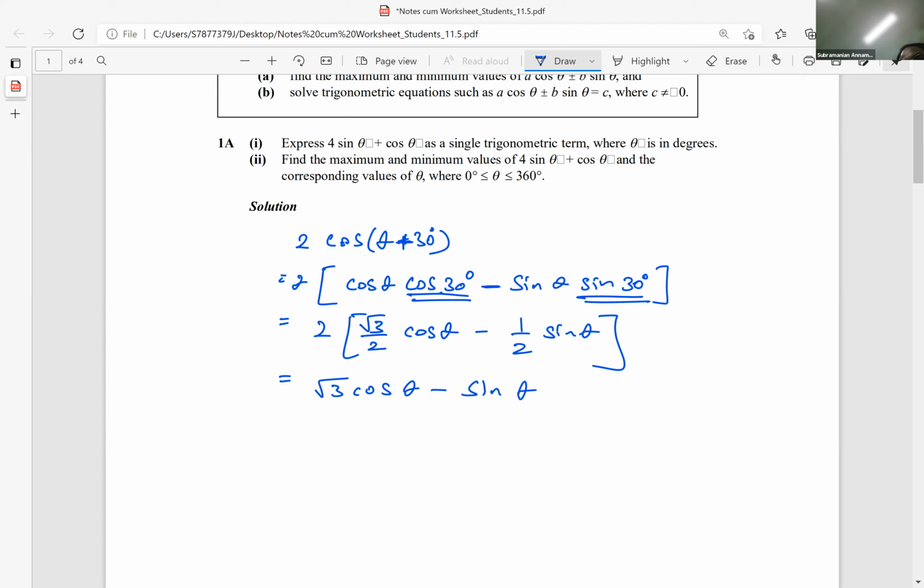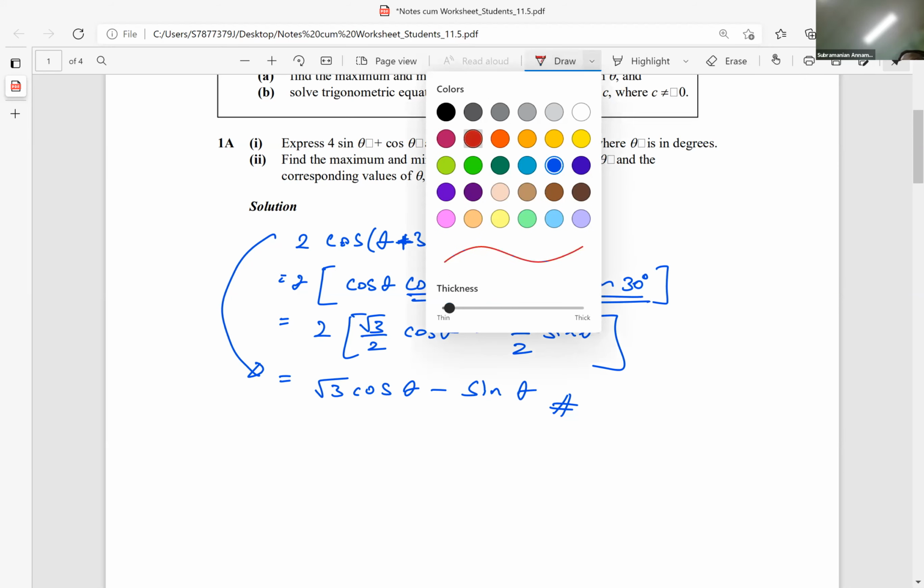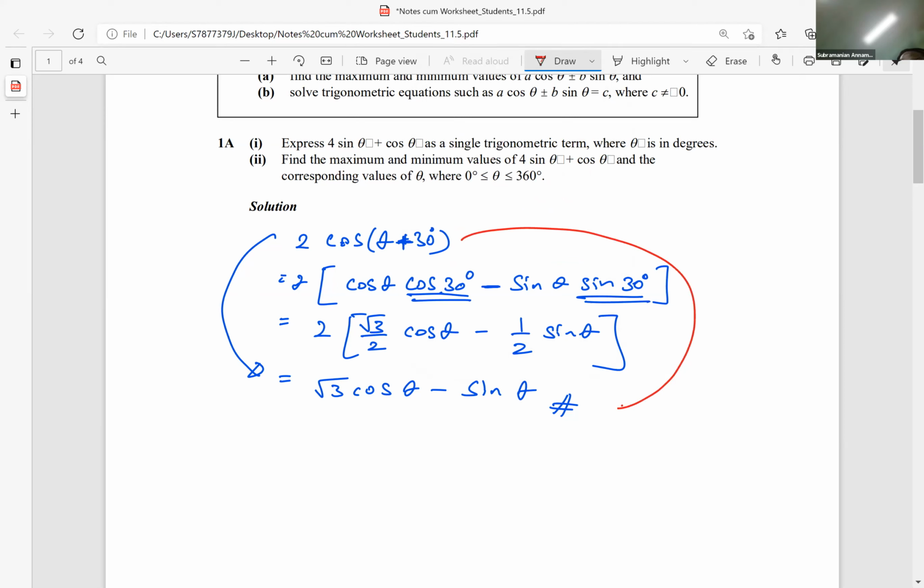Understand? This is what we have been teaching you, correct or not, so far? How to get from here to here, right? But now the R formula will help you to get from here to here. This is the R formula. And this one is your addition formula.